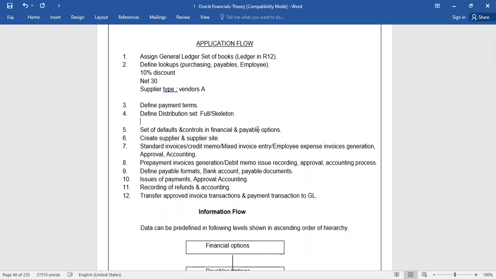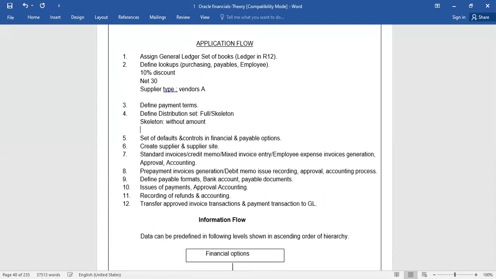Distribution set means suppose I have 100 line items, item A, item B, item C, and create one set and attach it to the invoice every time you create. A skeleton is without any amount.